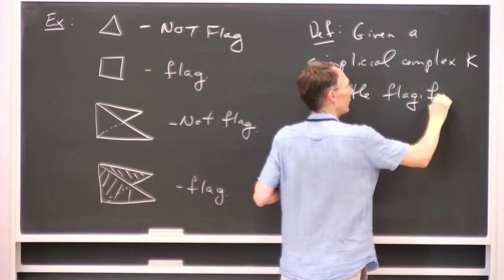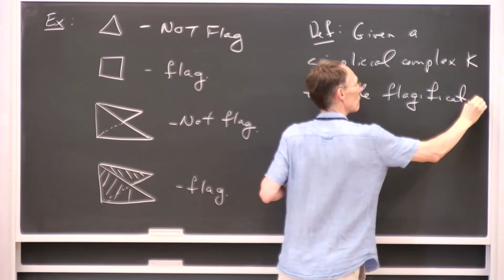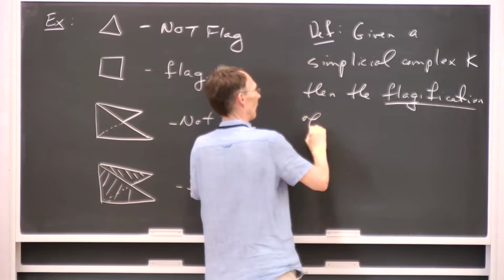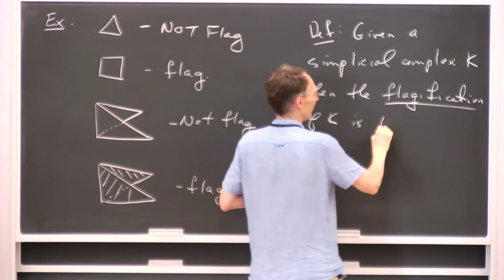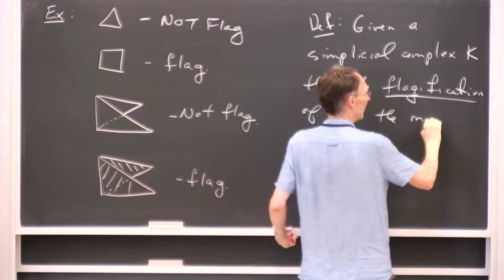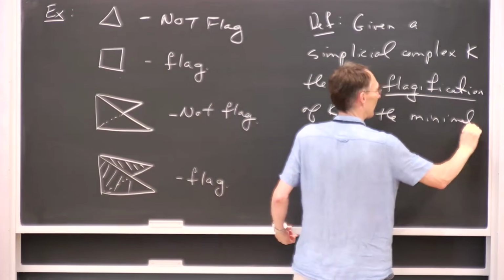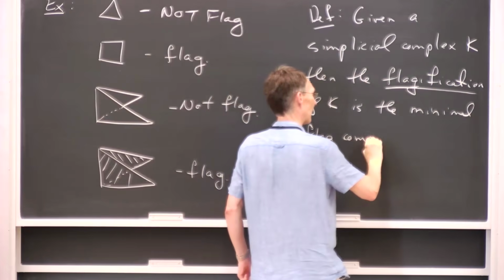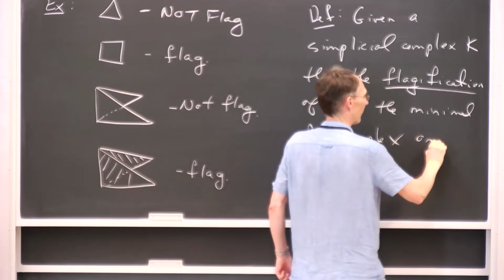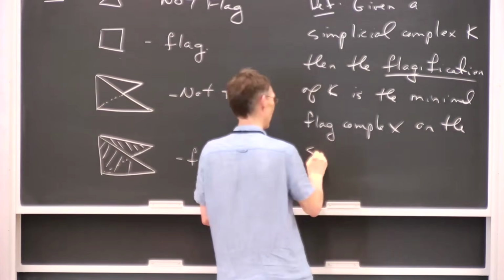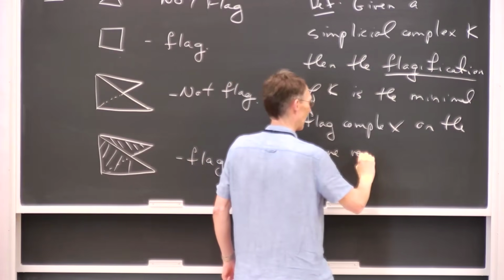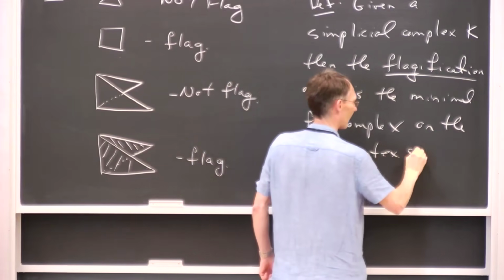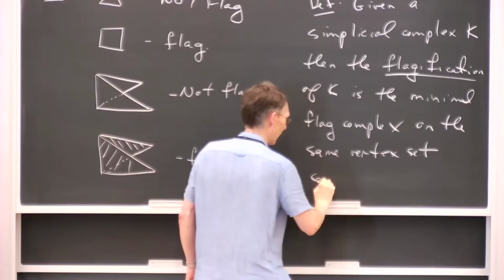The flagification of K is the minimal flag complex on the same vertices as K, and it contains K.